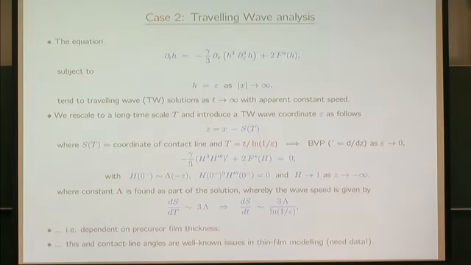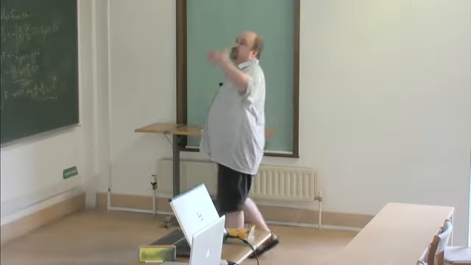So that motivates us to look at the travelling wave limit of the model. So if that's our equation, subject to those conditions, we rescale to a long time scale using z equals x minus st. So st is the coordinate. This big T is the time scale at which the travelling wave solutions develop.